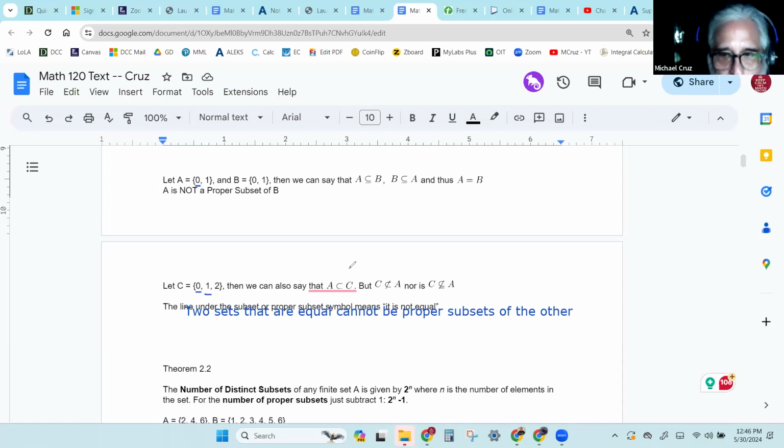So therefore, we can use this symbol for the relationship between A and C. A is a proper subset of C. And C is not a proper subset of A, nor is it a regular subset, by the way. Because if a set is larger, then it cannot be a subset of a smaller set.